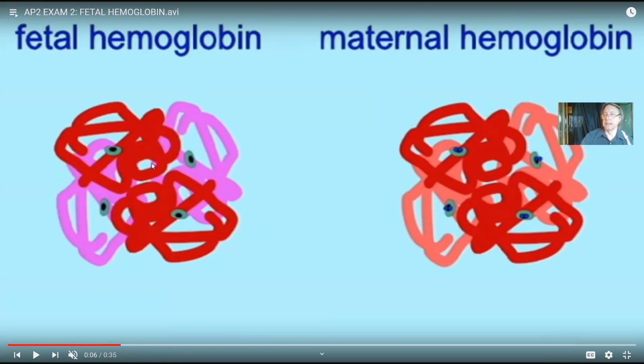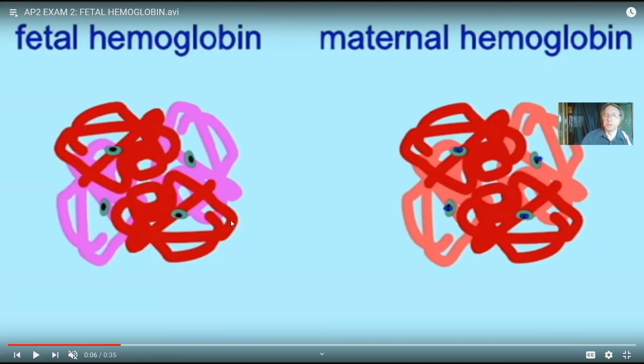The placenta is a systemic tissue, where the partial pressure of oxygen might be 40. So the fetal source of oxygen has a lower partial pressure of oxygen than the maternal source. So that's a challenge. How does the fetus get enough oxygen?